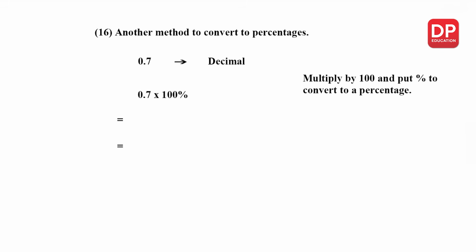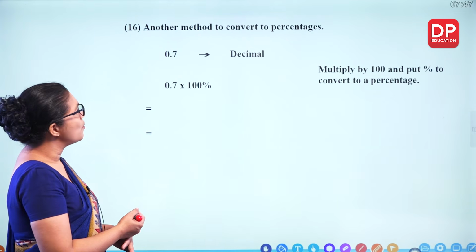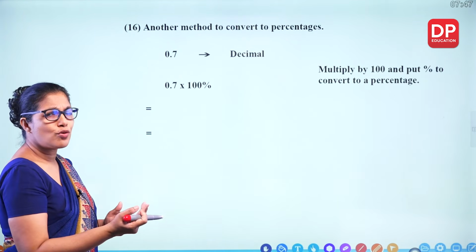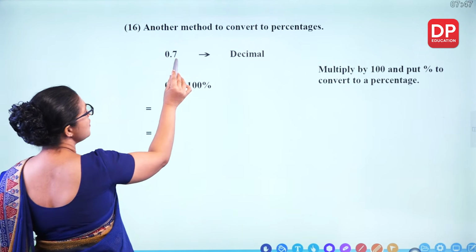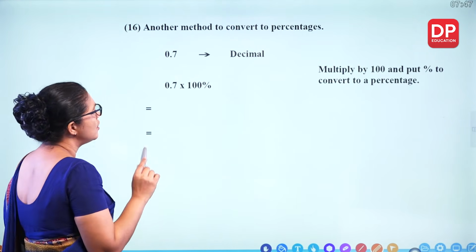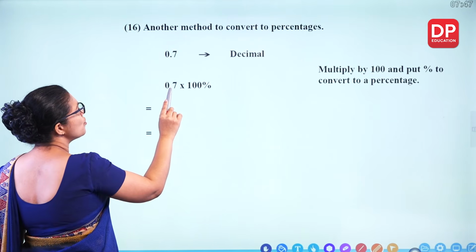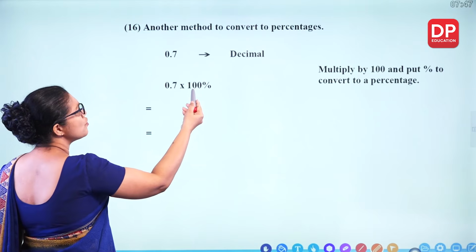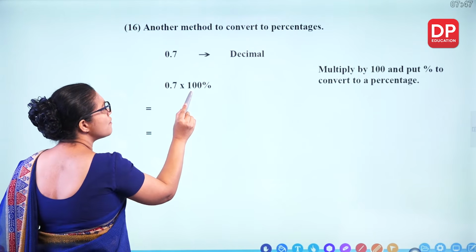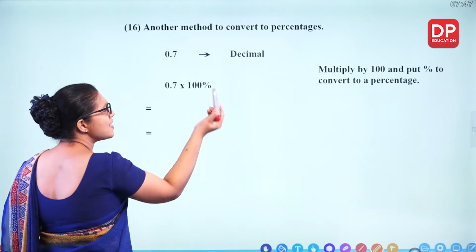So there's another method to convert to percentages without converting the denominator to 100. So we can use this method. 0.7 is the decimal. So here what you do, you multiply and you have to divide by 100. So divide by 100 means this percentage sign.